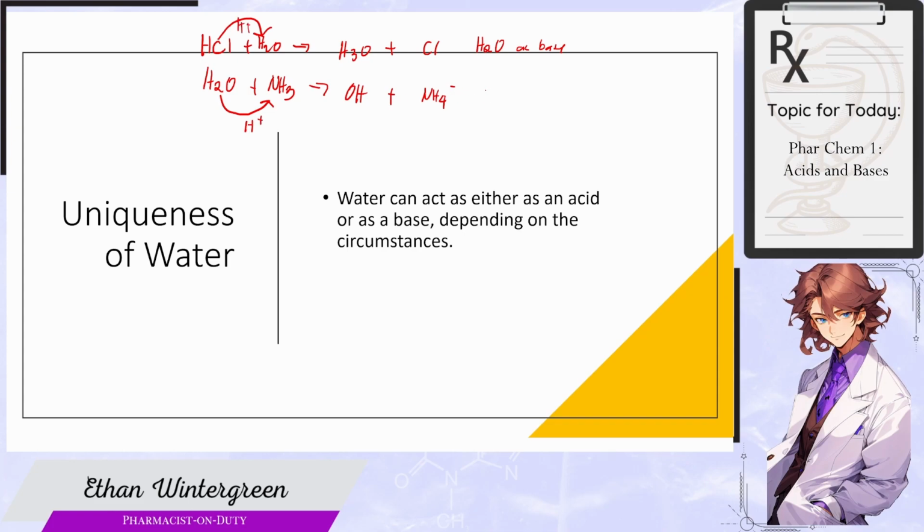So in this case, water acted as an acid. What this means is that since water can act as both an acid and a base, water can react with itself. It's called the auto-ionization of water.